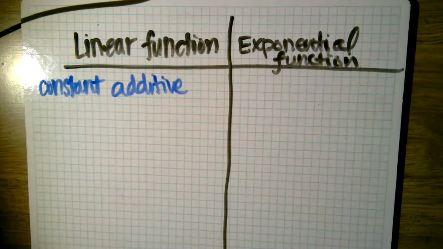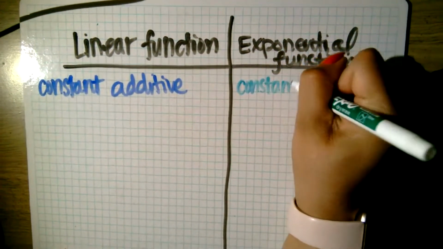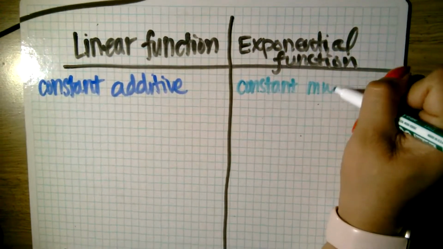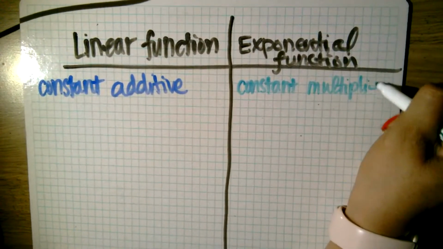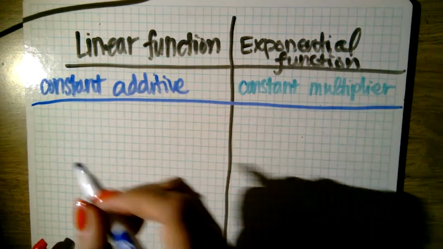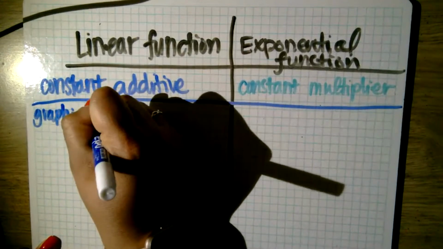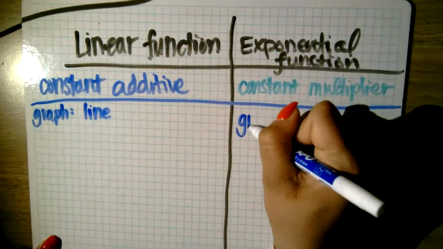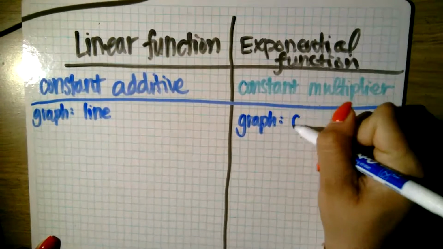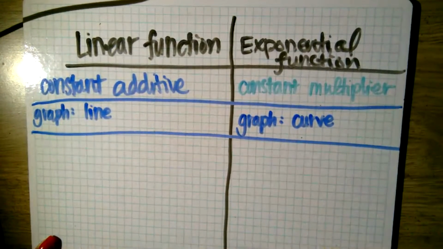If you have an exponential function, you have a constant multiplier. Okay, so that's what we know. The graph is a line for a linear. Over here, the graph is a curve for the exponential.